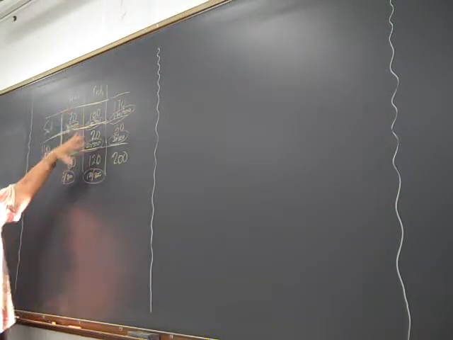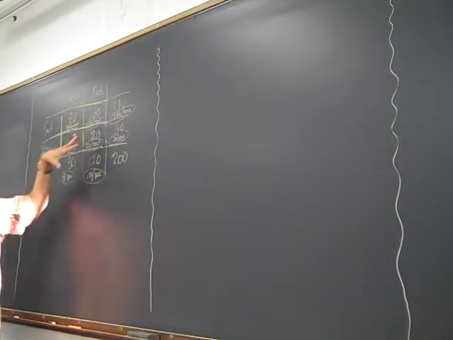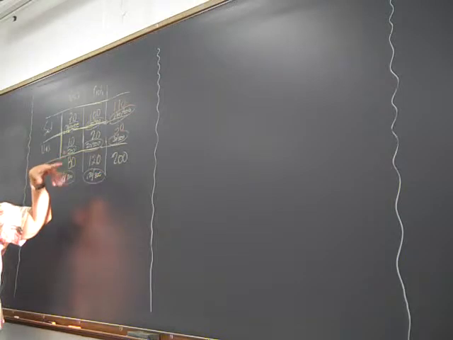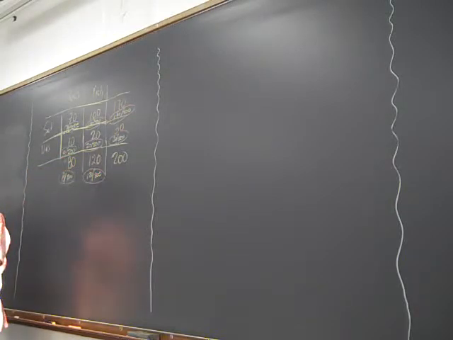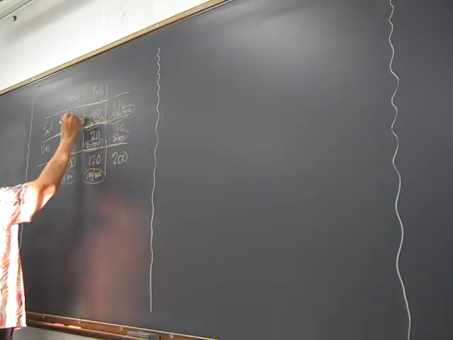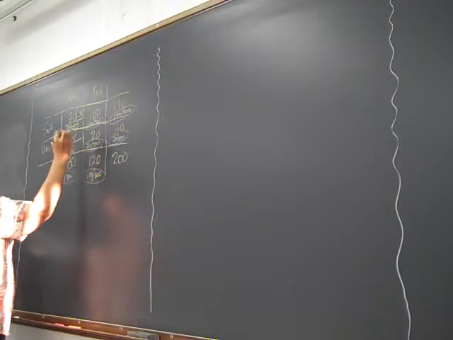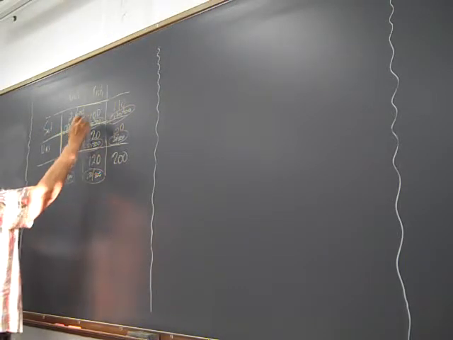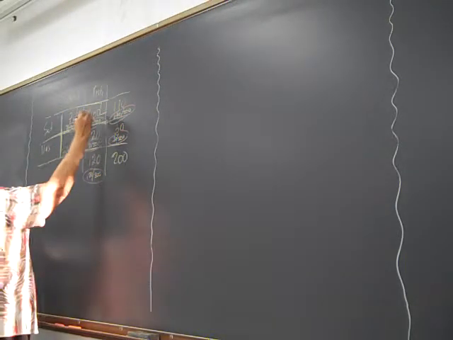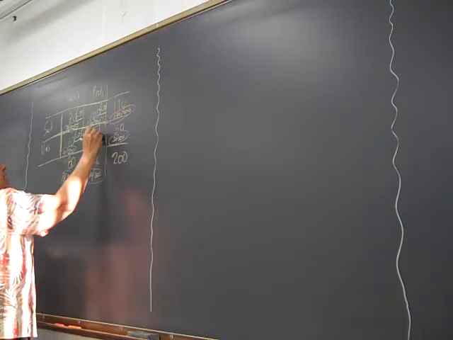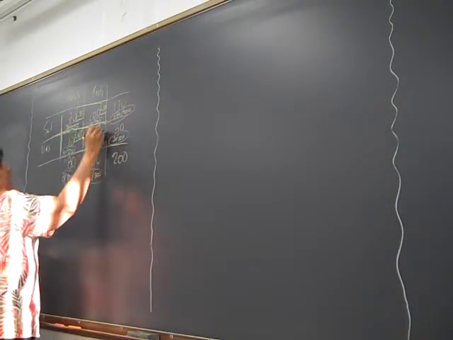If I add all these internal probabilities, it has to be equal to 1, because there are no other possibilities. So, let me get this. This is 0.35, this is 0.05, this is 0.50, and this is 0.1.